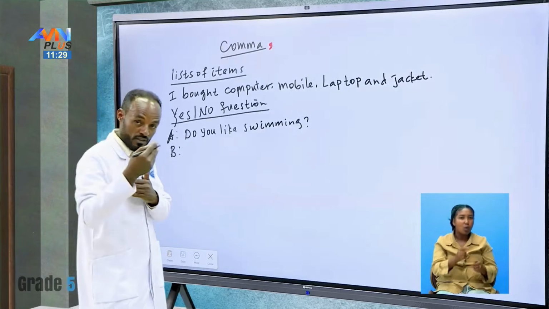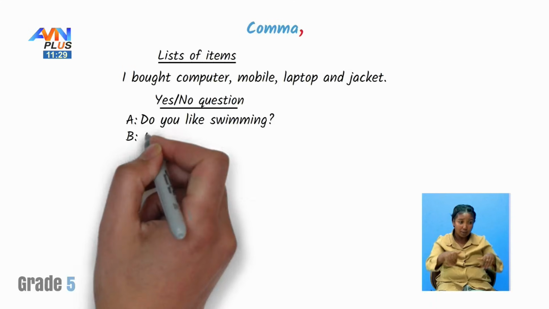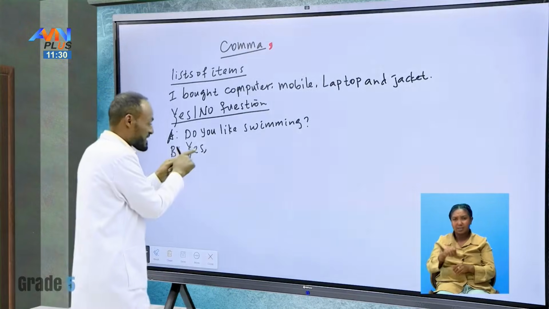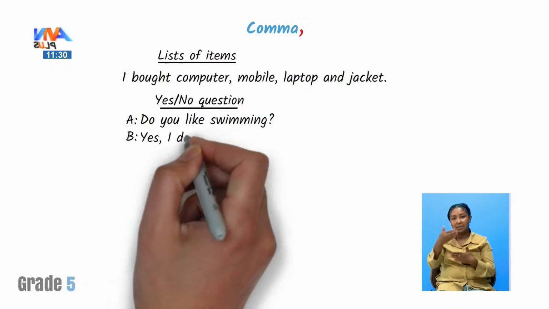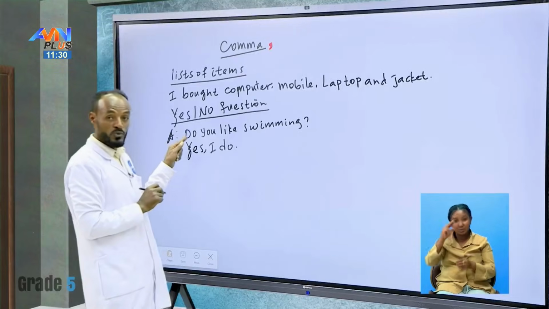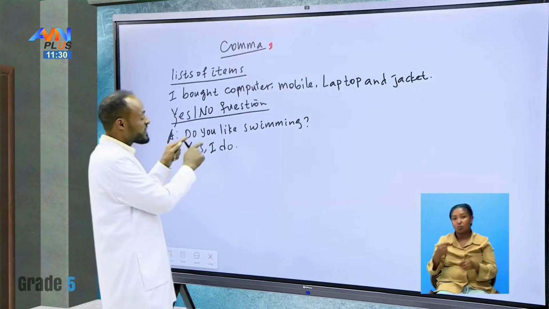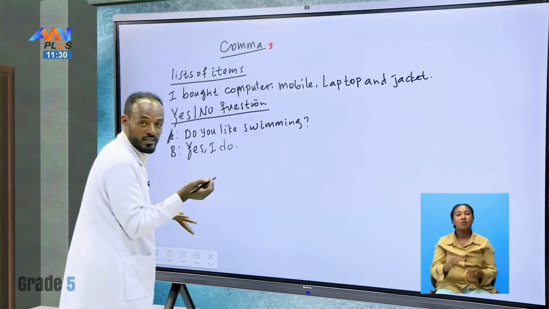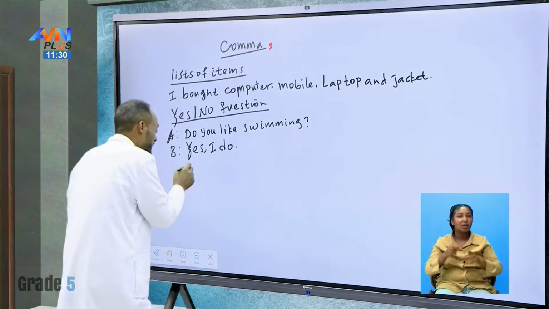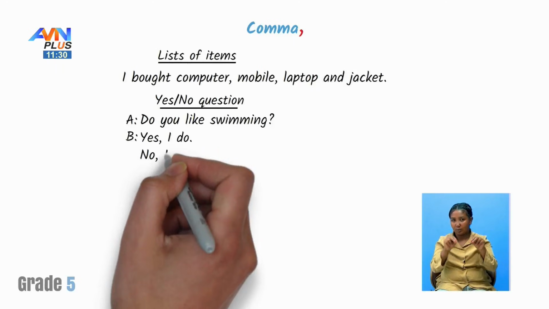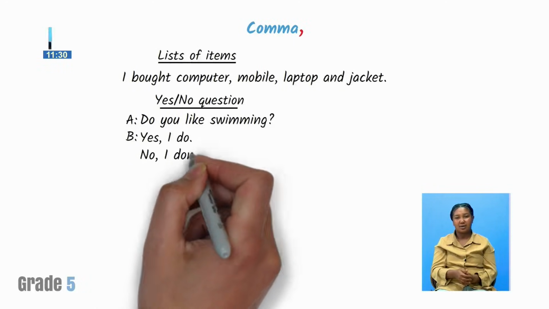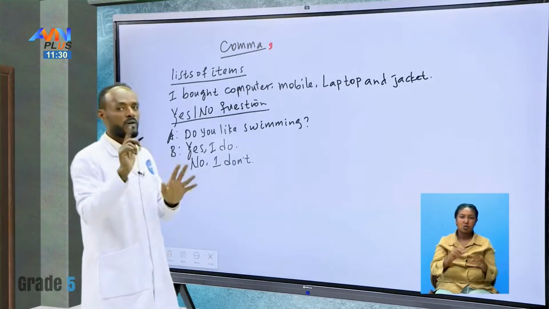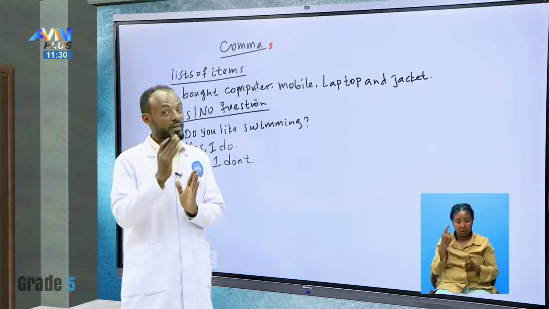So, how can you respond to it? If you like, you can say yes, then comma. Don't forget. Yes, comma, I do. Because we start from do, we can say yes, I do. Is it clear? Nice. What about if you don't like? If you don't like swimming, you can say no, then comma, I don't like, or we can say, no, I don't. Is it clear? Nice, students.